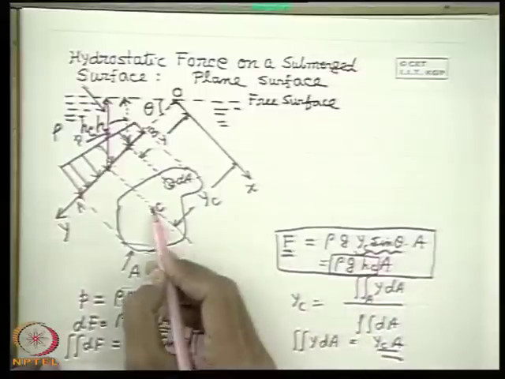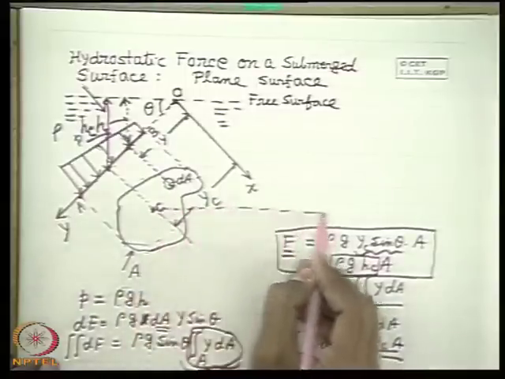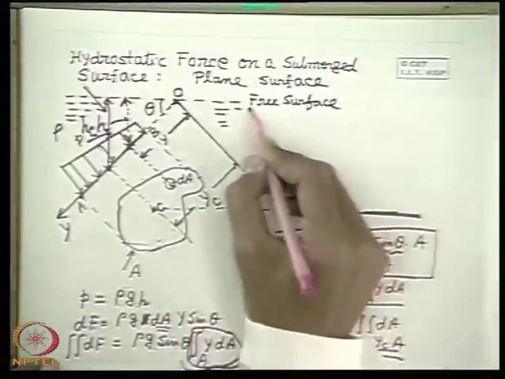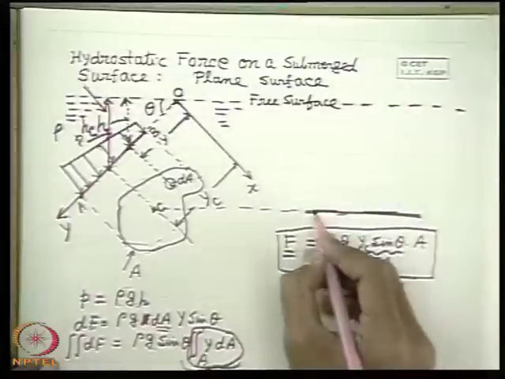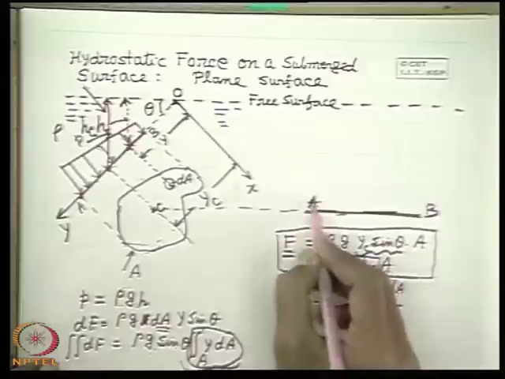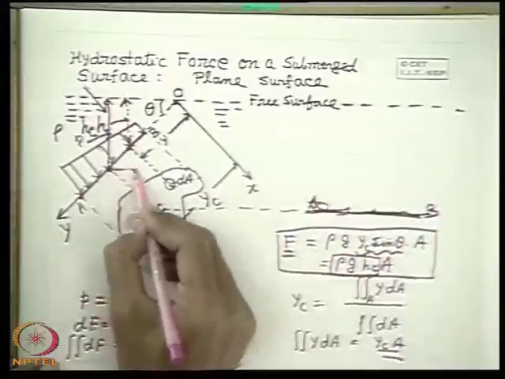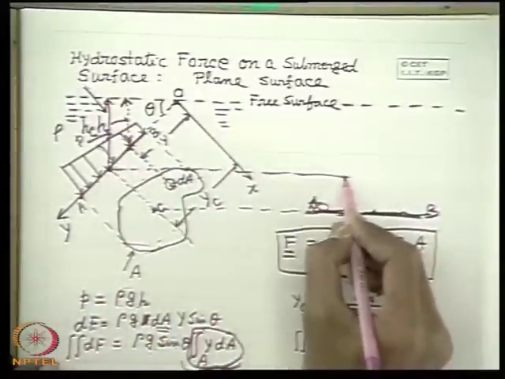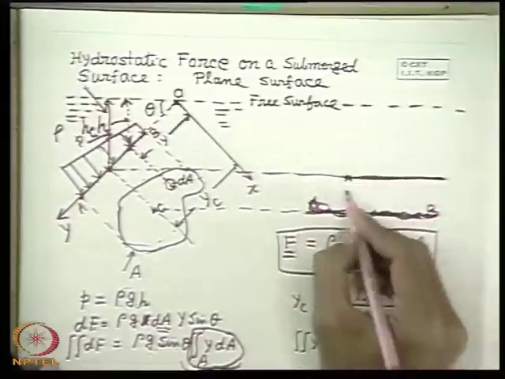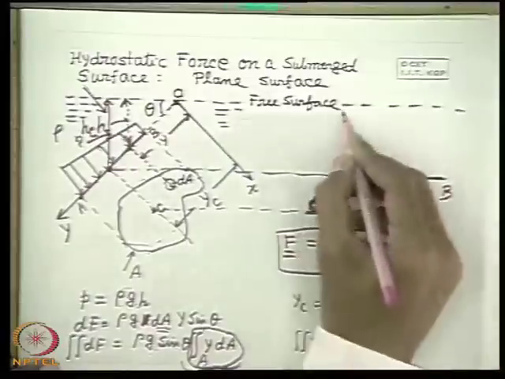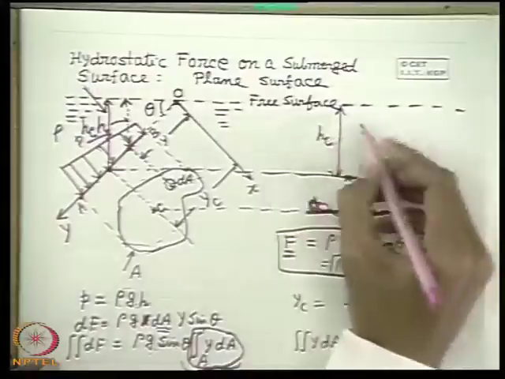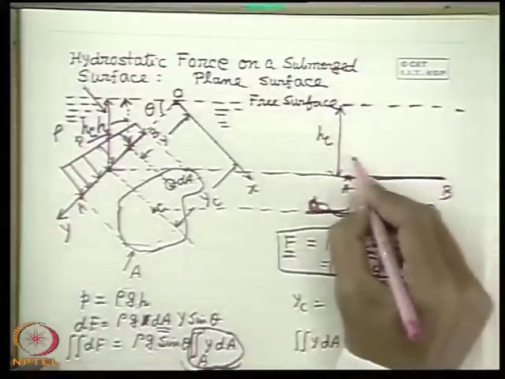That means it can be equivalently told that if this surface AB could have been placed horizontally at a depth hc below the free surface, then what could have happened?